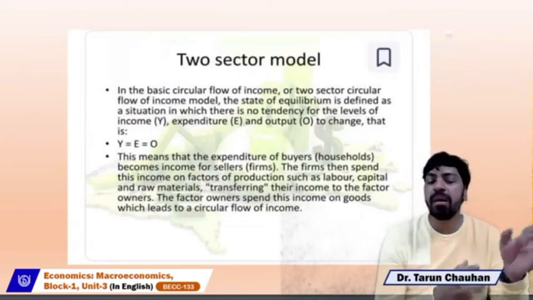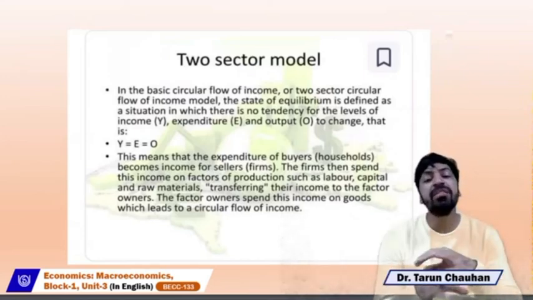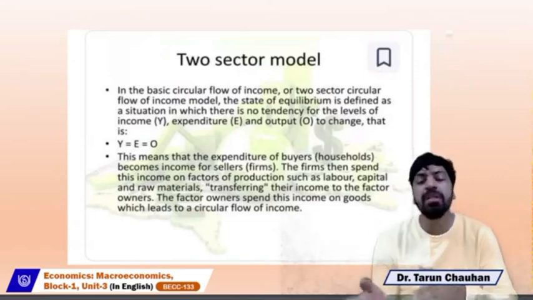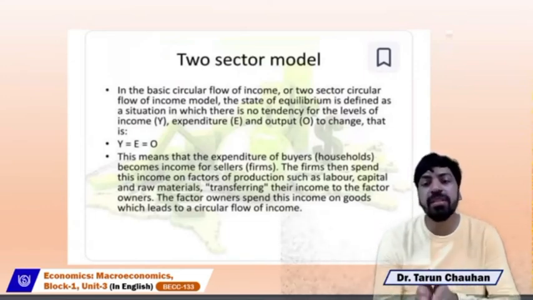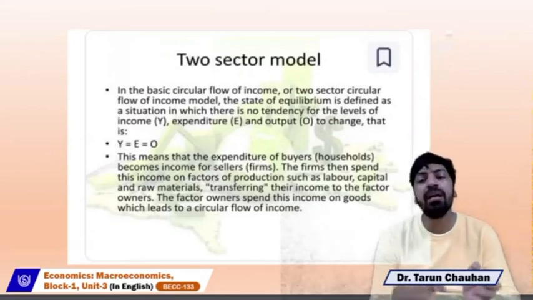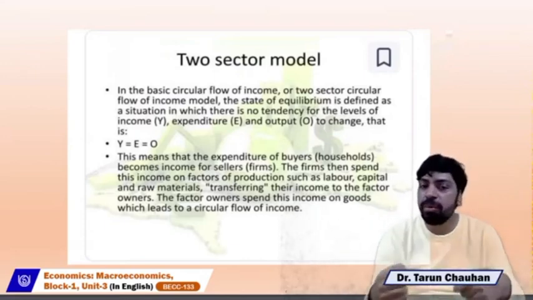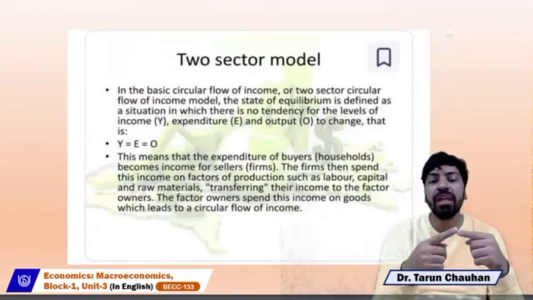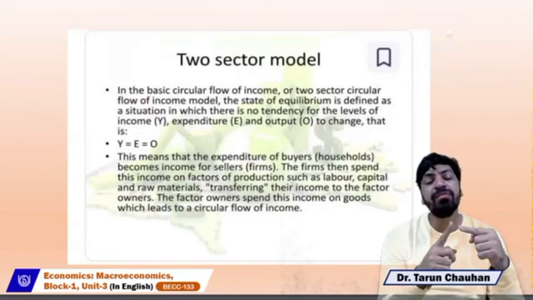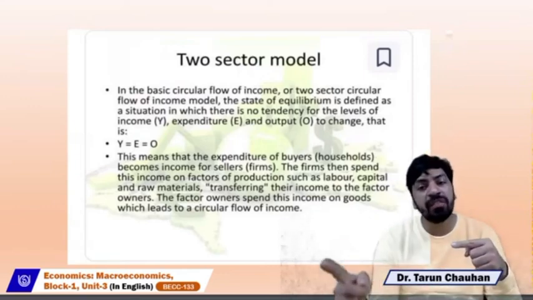The businesses use these four factors of production to produce goods and services, and to pay that income to the household. So automatically it's a circular flow of income, where the household provides the factors of production in exchange for income.